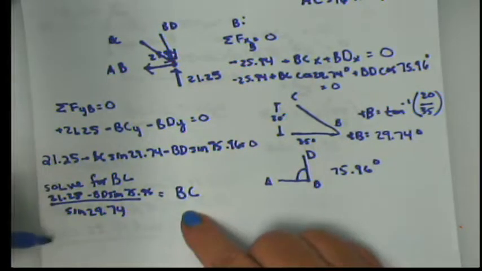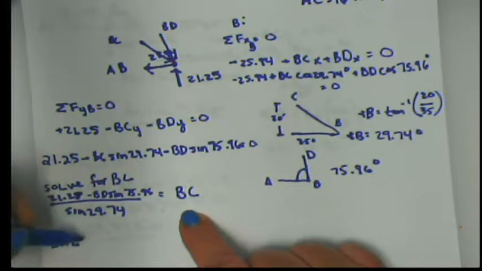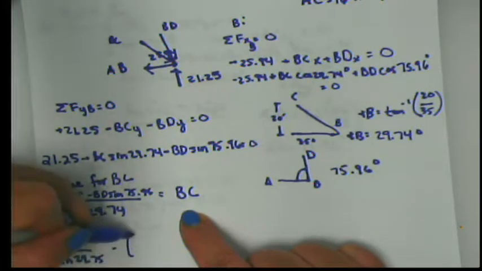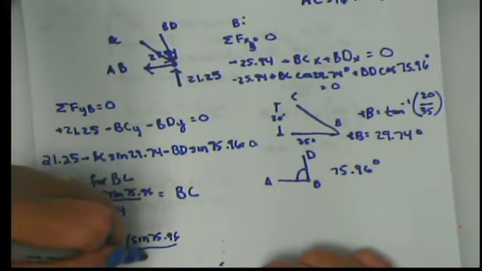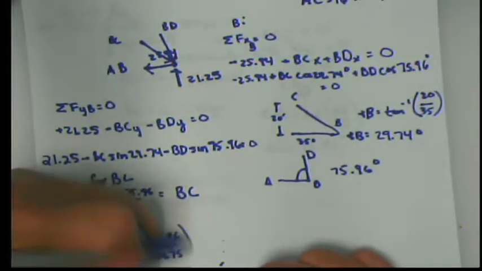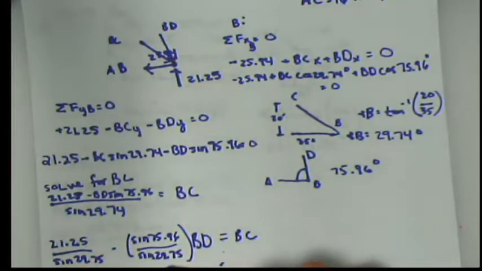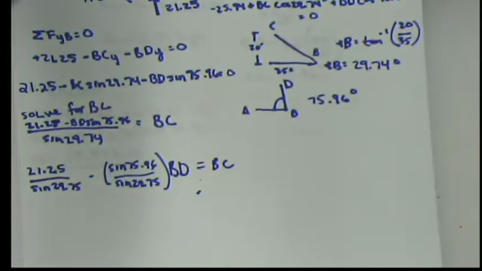In other words, let's split that denominator. 21.25 divided by sine of 29.74, and subtract from that the sine of 75.96 over the sine of 29.75 multiplied by BD. That's going to equal BC. So let's get this number and then the coefficient of BD, and we'll have a simpler expression for BC. And then I'll substitute it into the other equation.